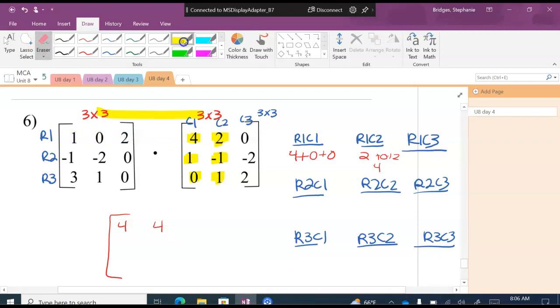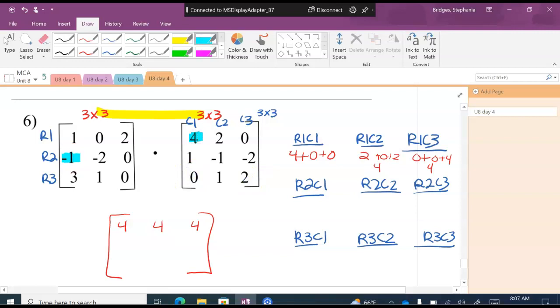Then we're going to do the same thing. 1 times 0 is 0, and we're going to go 0 times negative 2, which is another 0. And then 2 times 2 gives me 4. And so for row 1, column 3, I get another 4. Everybody okay with those? 4, 4, 4 across the first row. Okay. All right.